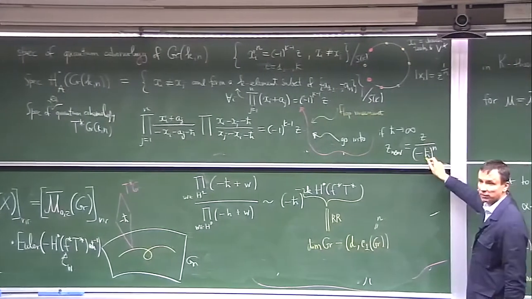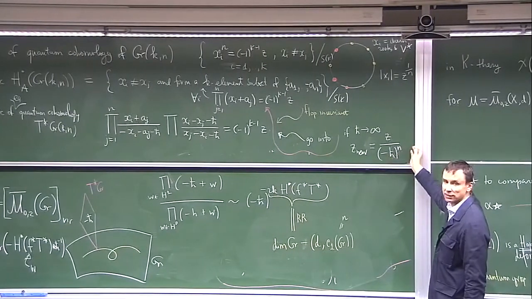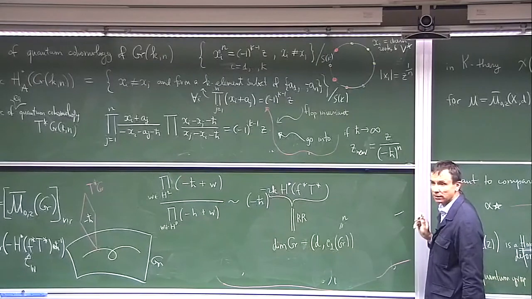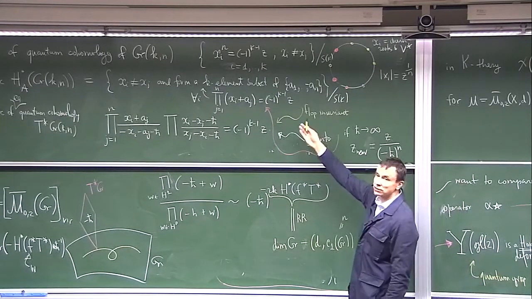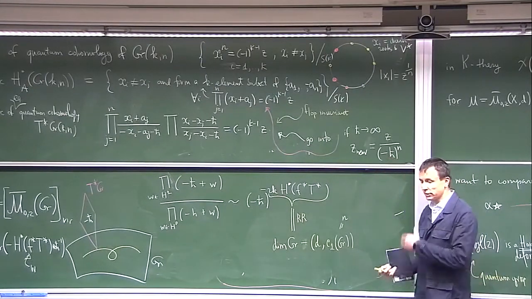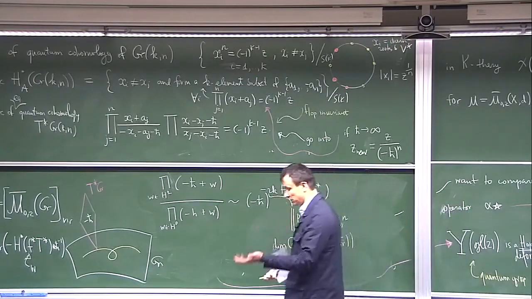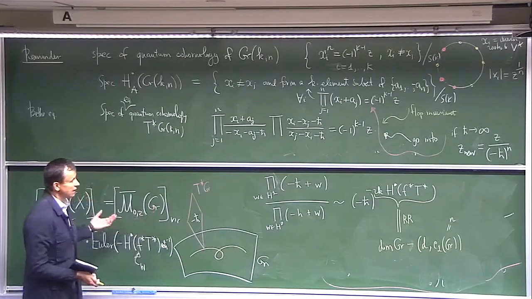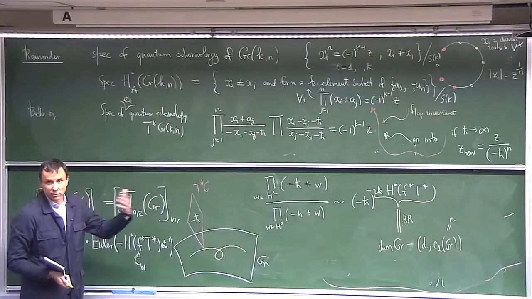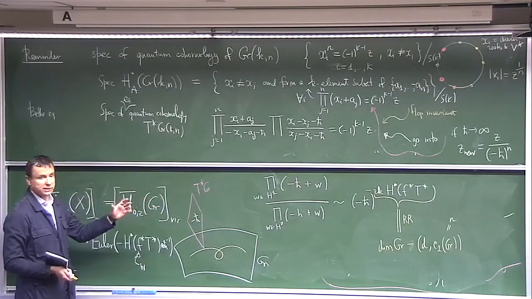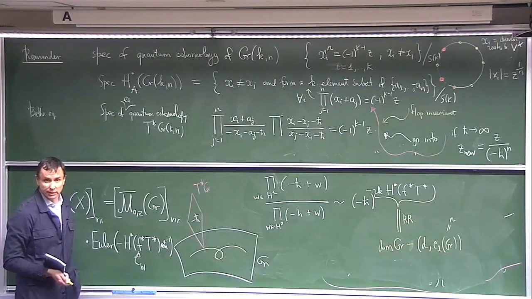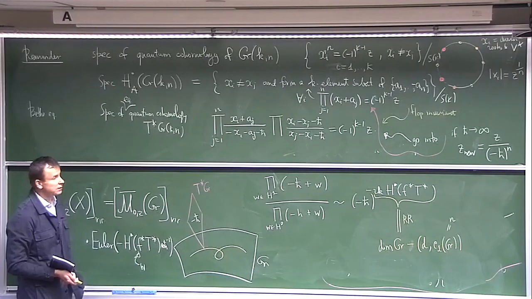If I rescale my variable z like this, and I send h bar to infinity, then I should recover the quantum product for the Grassmannian from the quantum product for T star in the limit when the equivariant weight goes to infinity, such that you have to rescale the curve counting variable. And this is correct.